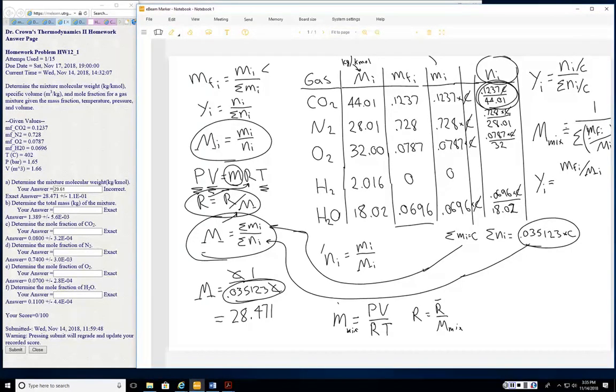And then divided by summation of MFi over Mi. So now we have, if we have mass fractions, we can find mole fractions. The second problem is exactly the same one, but it's in reverse order. So I'll talk about that a little bit, but I'll let you do most of the work now.